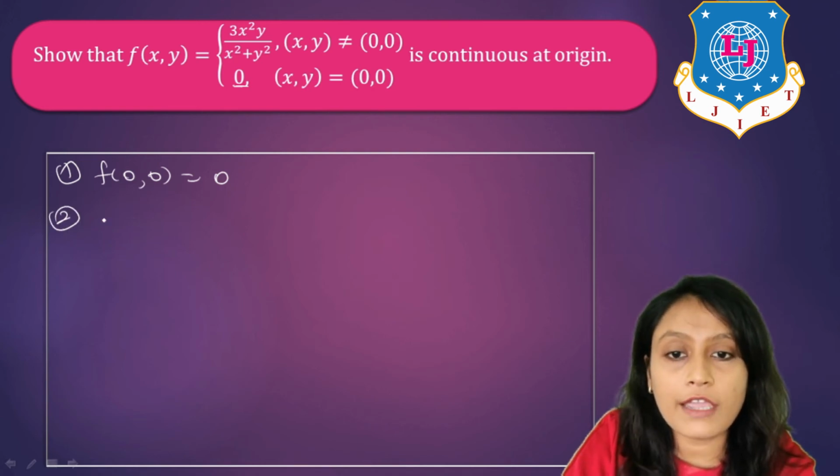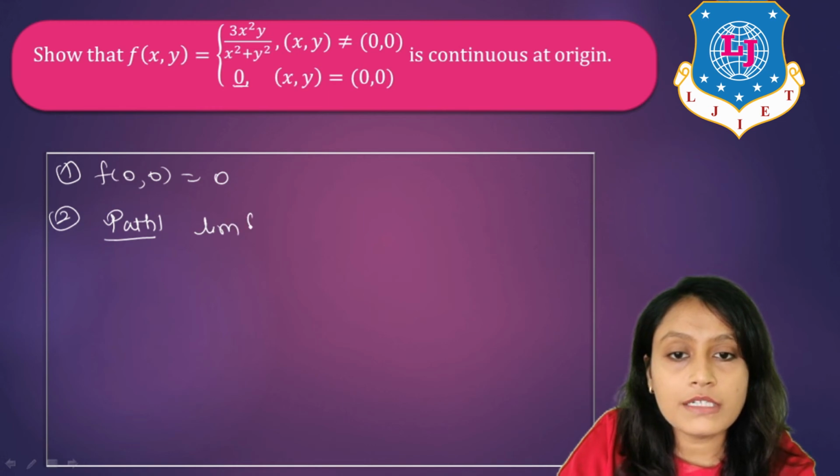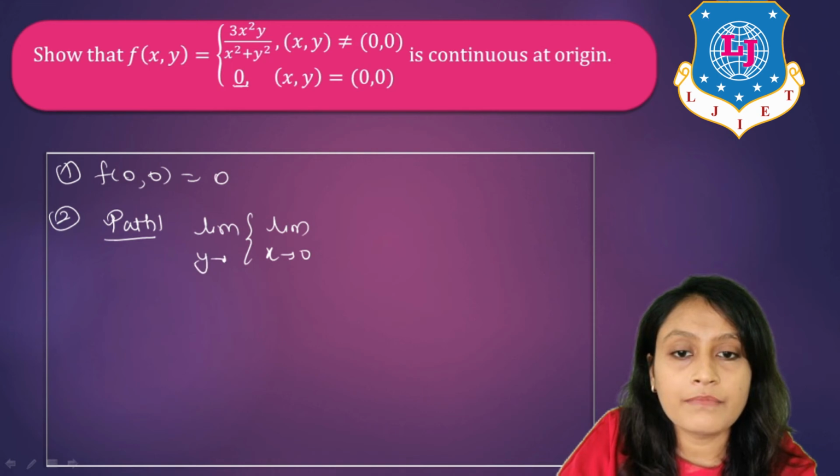The second point is to find the limit. For that we have to apply the paths. Firstly we write path 1. We will apply the x limit first and then the y limit.